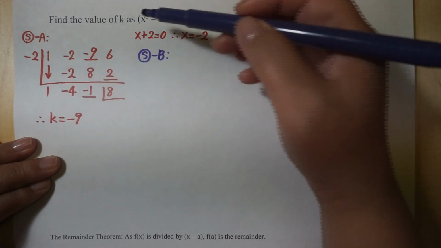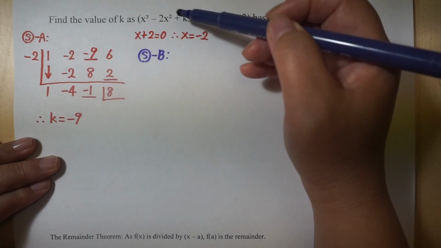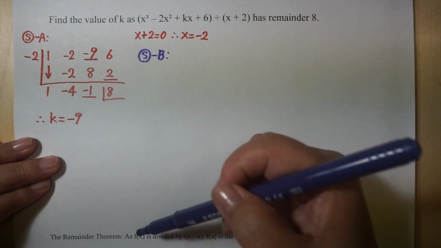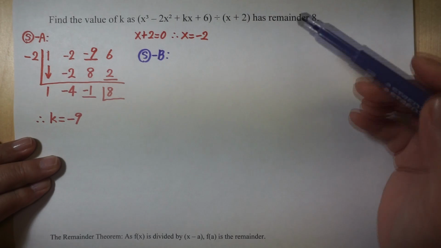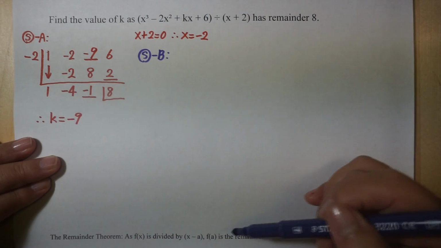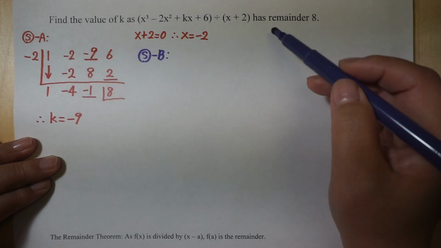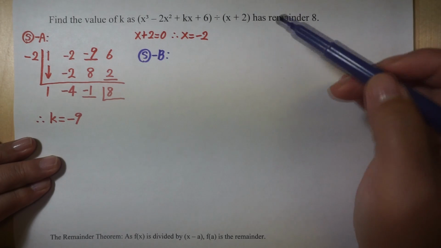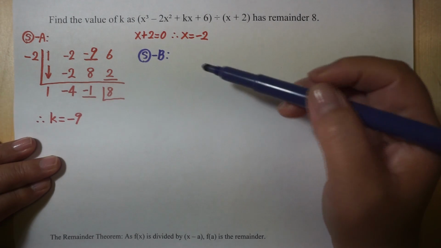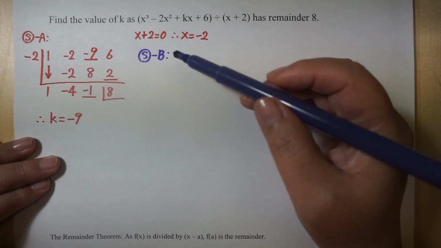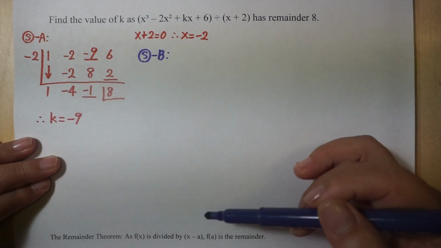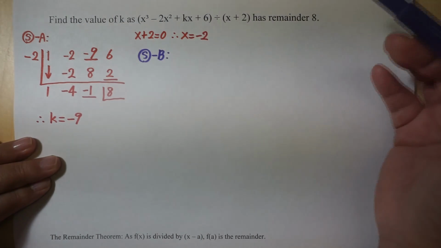So x cubed minus 2x squared plus kx plus 6 is f of x, and the x plus 2 is x minus a, and f of a is the remainder, but we already know the remainder is 8. So the key is we are going to calculate remainder theorem f of a step by step.